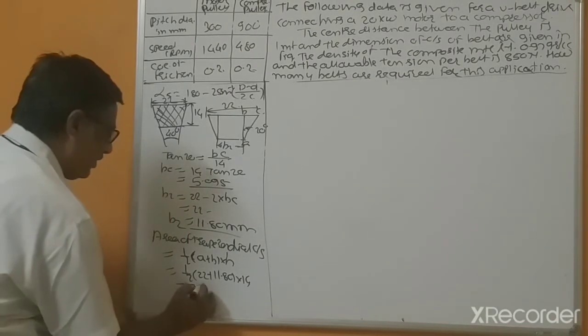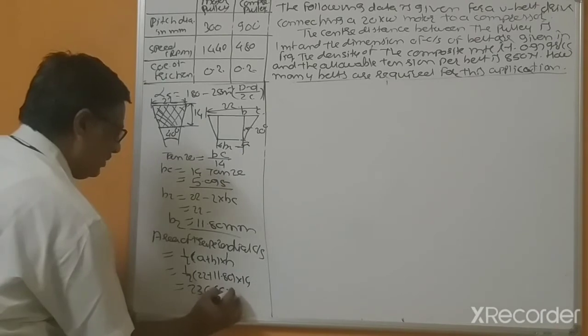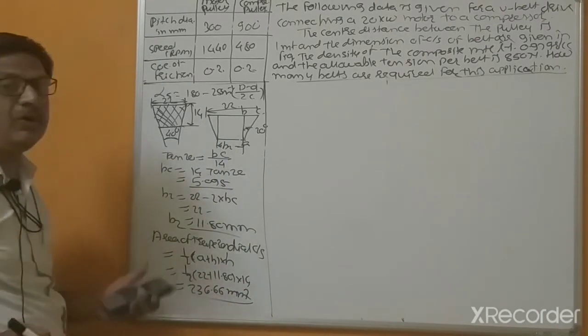Area is 236.66 mm square. This is the area of cross section.